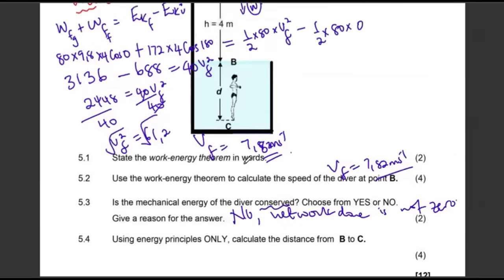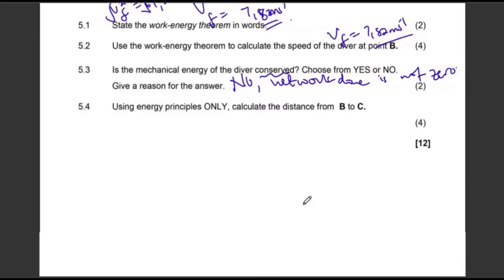Then 5.4: use energy principles only to calculate the distance from B up to C. So which energy principles are we going to look at? We can say that W_NC, the work done by the non-conservative forces, will be equivalent to the change in EK plus the change in EP.